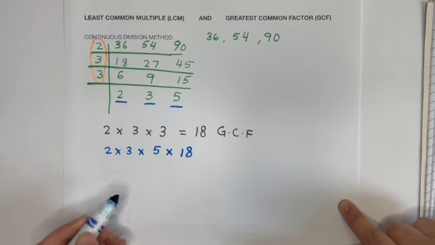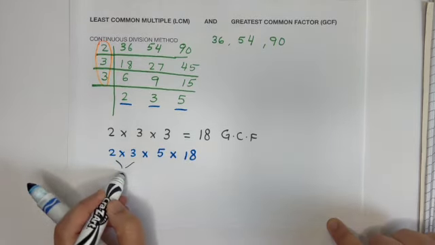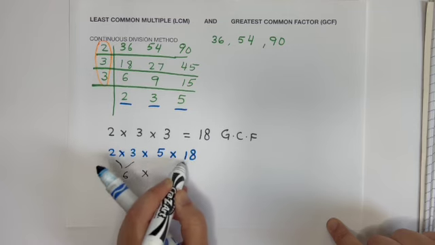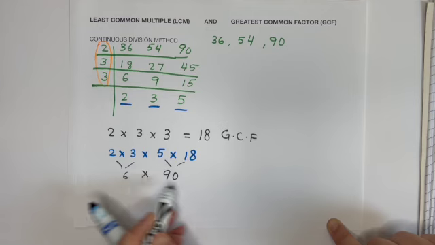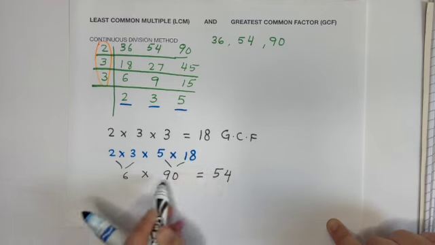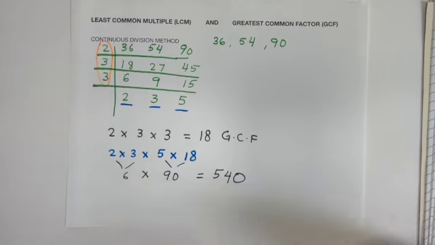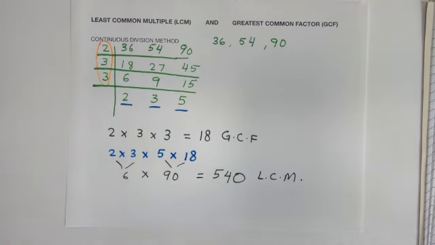First I will multiply 2 times 3, and that's 6. Then 18 times 5 is 90, and 9 times 6 is 54, and I'll just put the 0 that was in the 90, and that gives me 540, and that's the least common multiple of 36, 54, and 90.